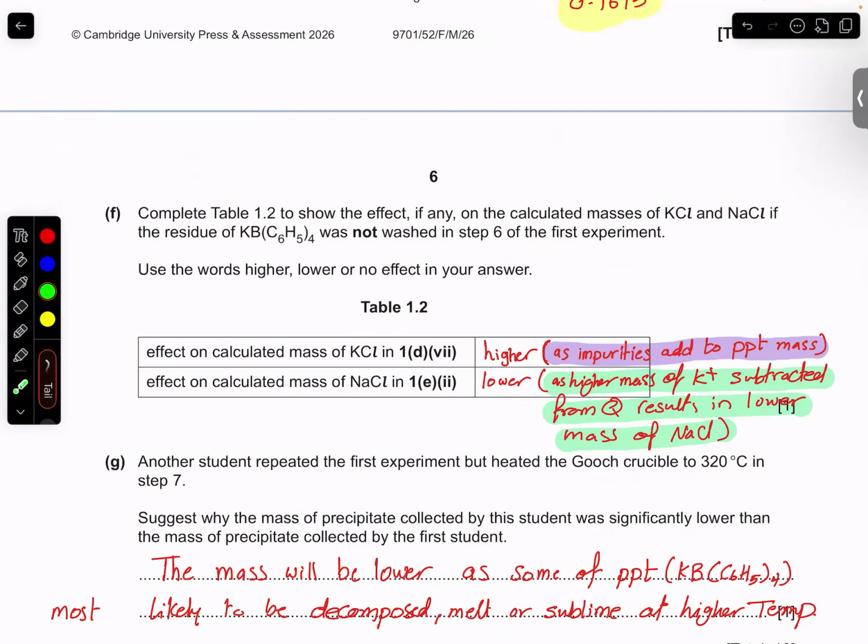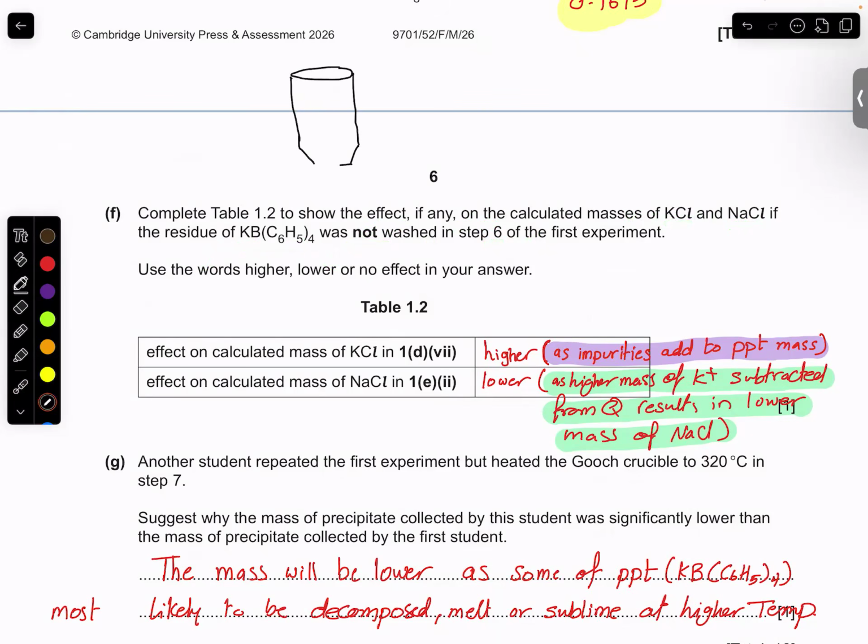Complete table 1.2 to show the effect, if any, on the calculated mass of KCl and NaCl if the residue KB(C6H5)4 wasn't washed in step 6. Imagine this is the crucible that contains the residue.